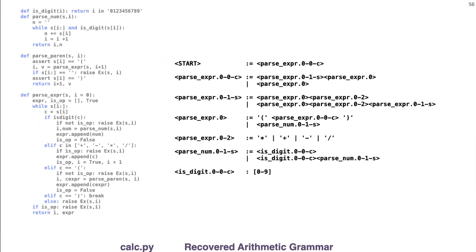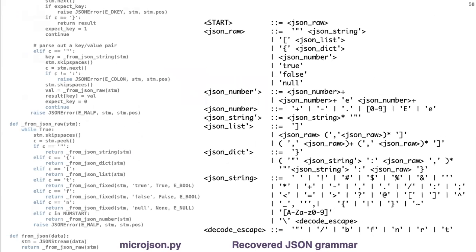So here is the final recovered grammar from the arithmetic expression parser that we saw earlier. And of course, the grammar generates the expected input string. Another example is the JSON grammar recovered from microJSON.